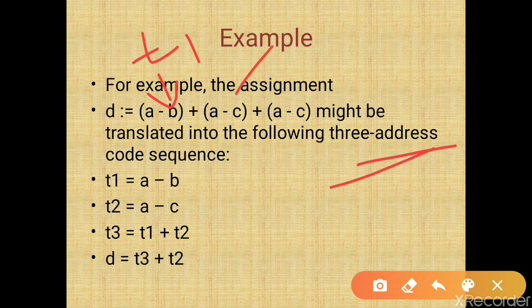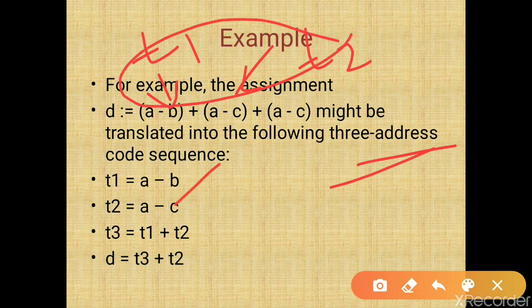Next, t2 will store the value a minus c, t2 is equal to a minus c. After that I will add these two, a minus b plus a minus c, that is t1 plus t2.